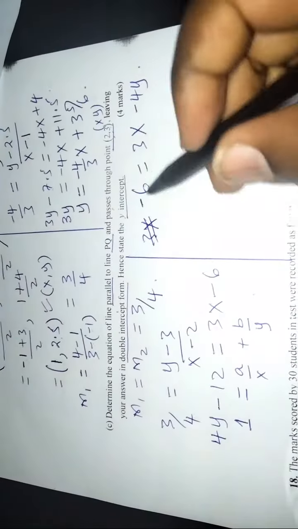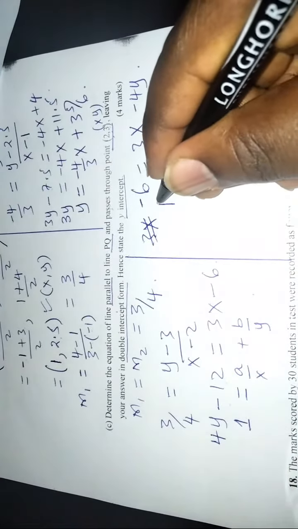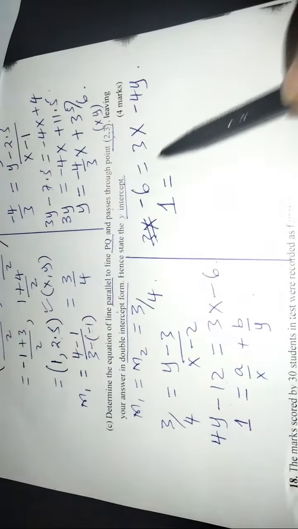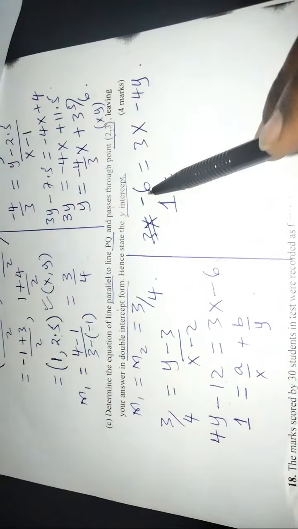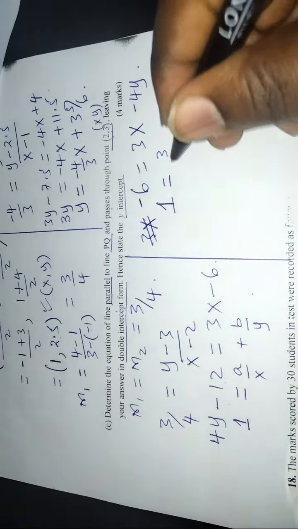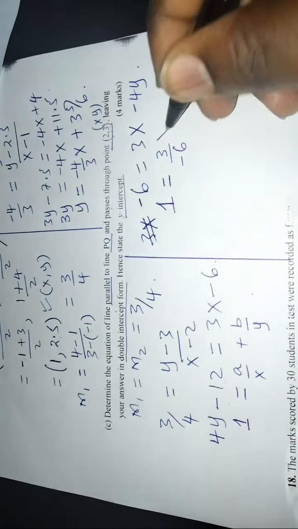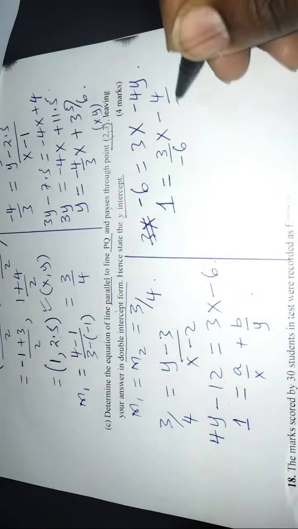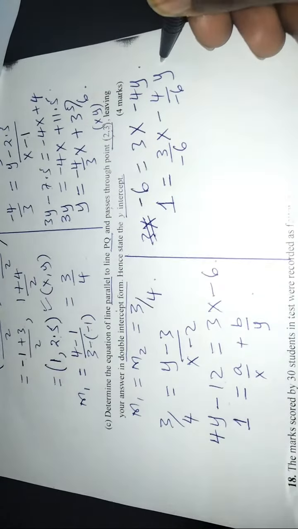Yes. So now to remain with 1, because 1 has to remain here for it to be double intercept form, we will divide through by negative 6. That means this becomes 3 out of negative 6 x minus 4 out of negative 6 y. This is actually the double intercept form of this equation.